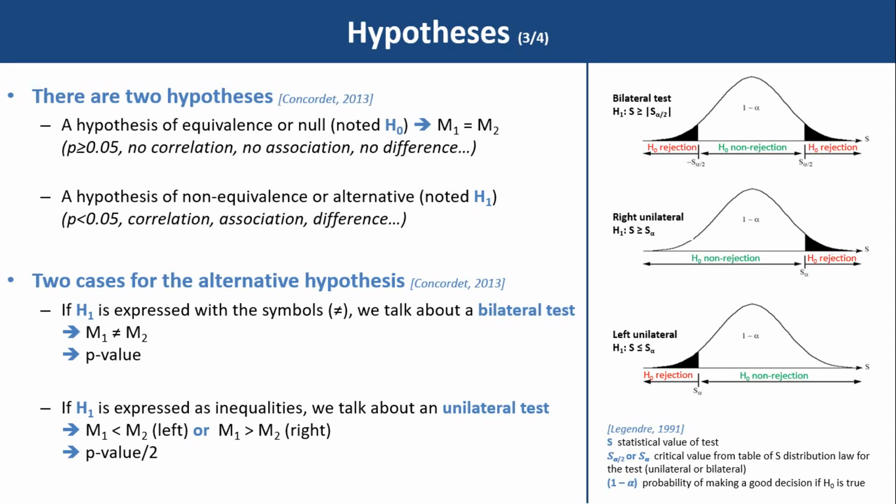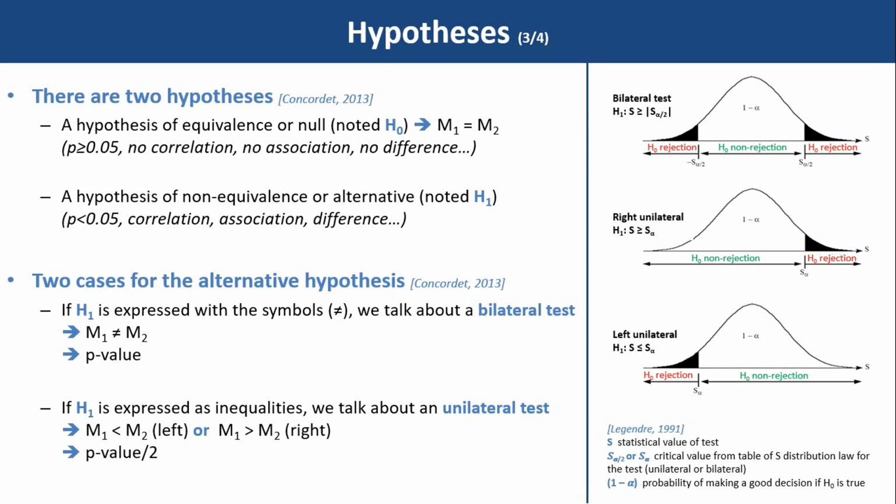The second hypothesis of non-equivalence or alternative, noted H1, has two expressions according to the test if it is unilateral or bilateral. If the test is bilateral, H1 is expressed with the symbols of difference. For example, in the case of two means, we write M1 is different from M2.